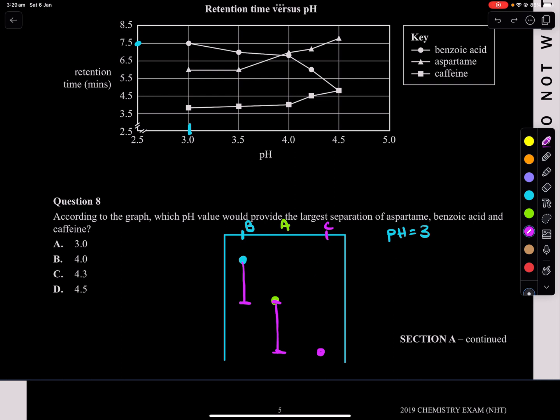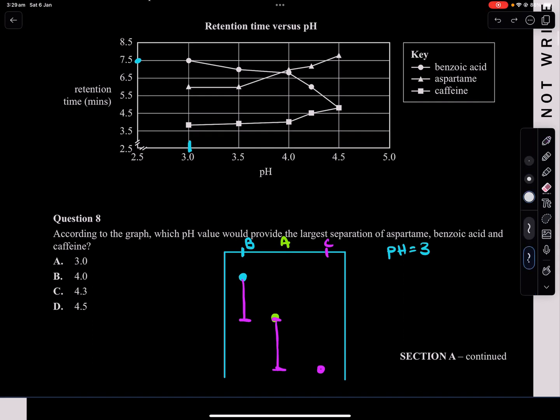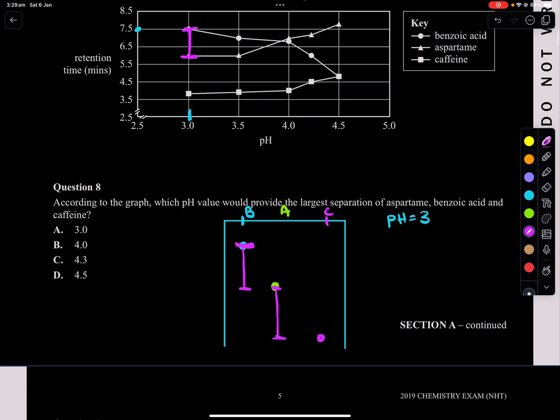But wait. What I can see is that the separation is actually equal to the retention time difference. The retention time from here to here is benzoic acid and aspartame. Benzoic acid is here and aspartame is here. And then aspartame to caffeine is this distance, which means it's this long distance.